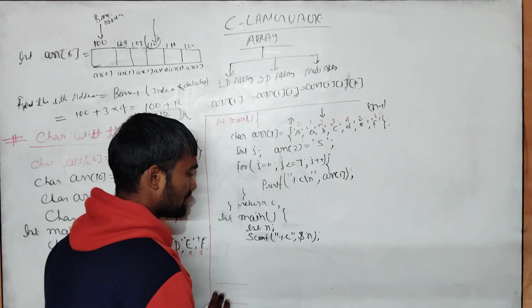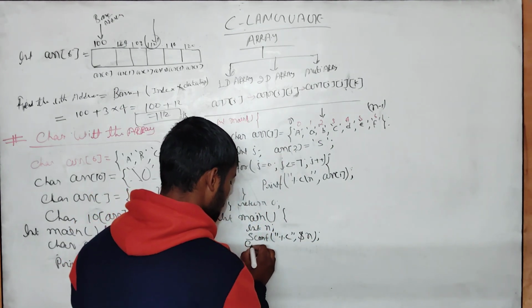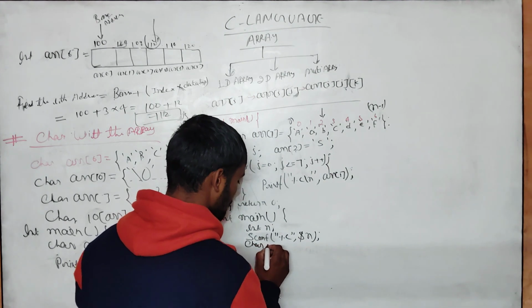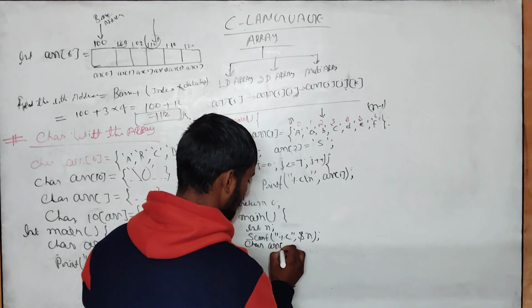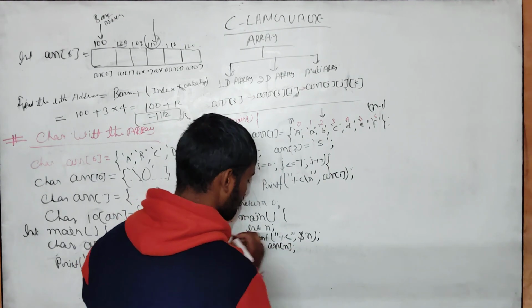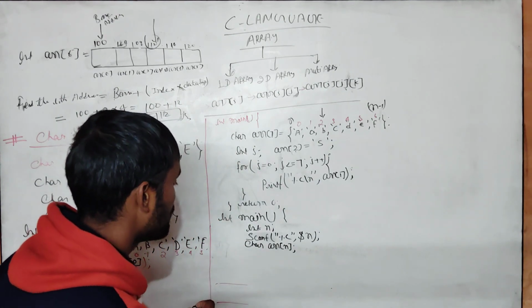It will take the size. Then I will take the character array. Here it automatically takes n.